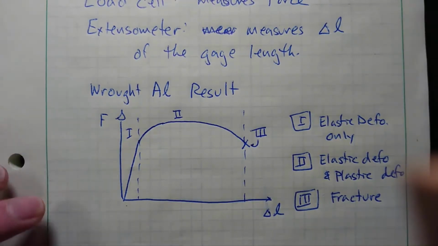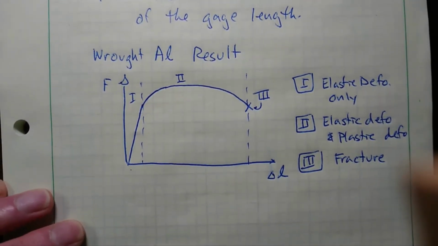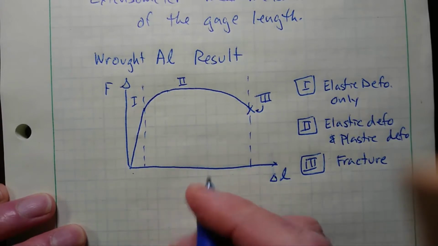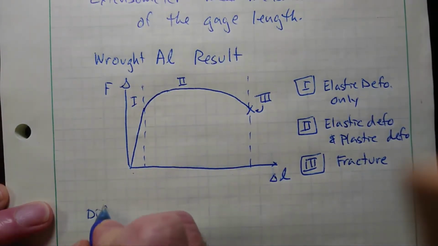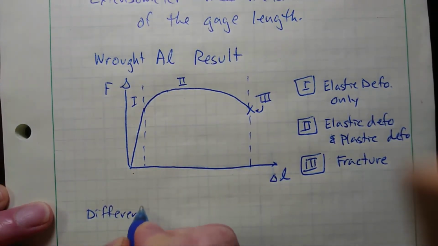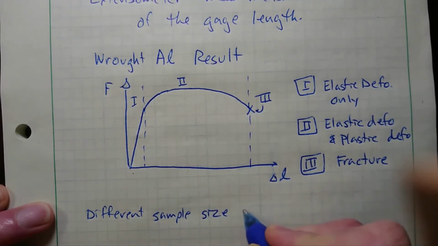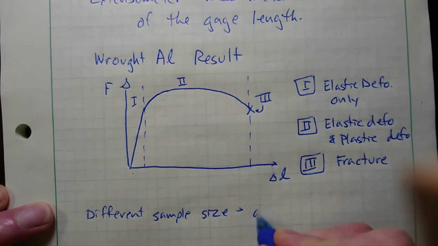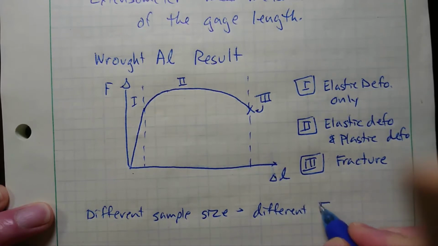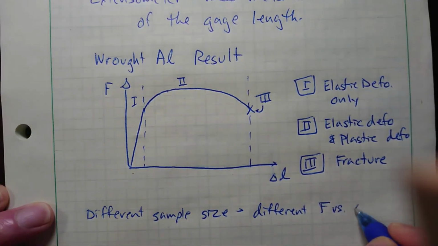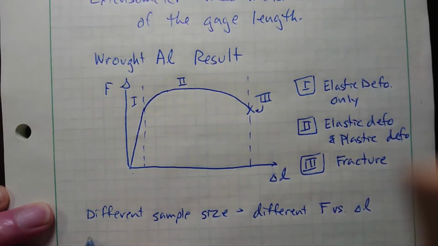Now, that's what's measured. If I have a different sample size, then I'm going to get a different response in terms of the force versus the change in length.